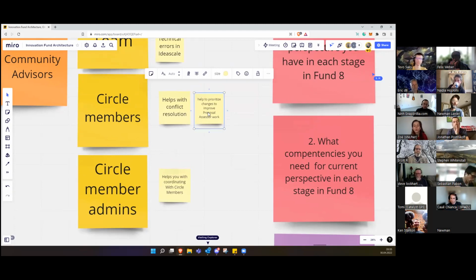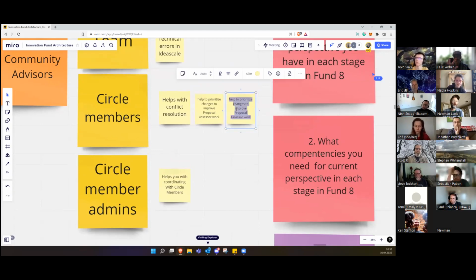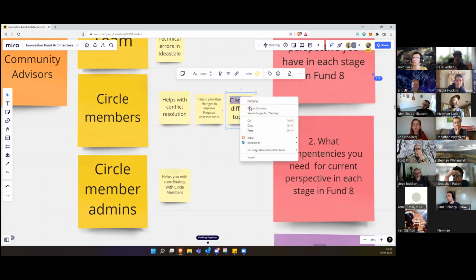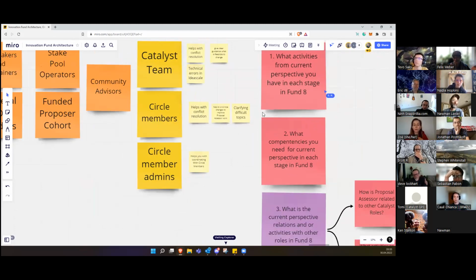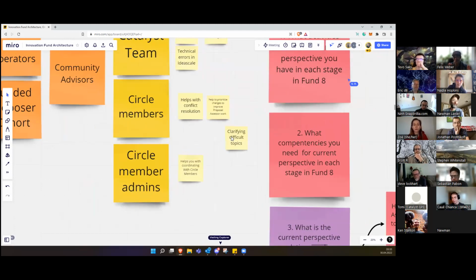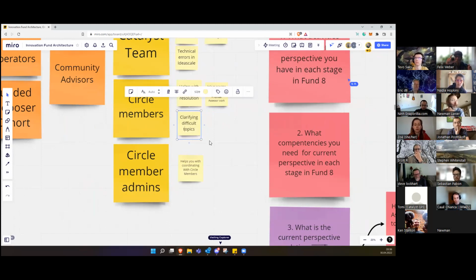A lot of community advisors are not sure how to assess, for example, a series of 10 proposals. Should they do the same assessments or individual assessments? Maybe the circle can come up with guidelines directly to the CAs and say, we thought about it and for this funding round, let's try it like this, providing some direct guidance there.